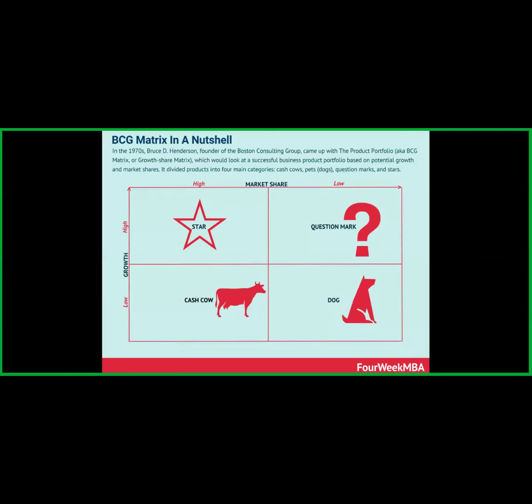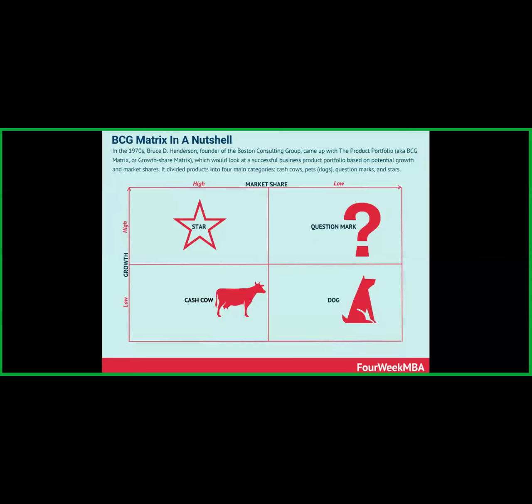These products of a particular company categorized under star require investment to maintain growth, as well as they generate significant cash. So which products can we categorize under star? The products of a company which are growing very fast, and whose sector has tremendous potential.